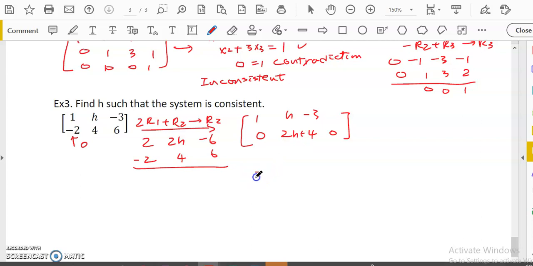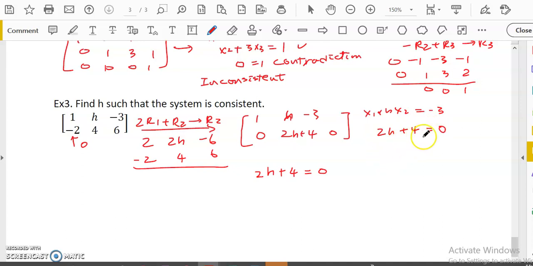We can have 2h plus 4 equal to 0. So this is x1 plus h x2 equal to negative 3, this is not a contradiction. This is 2h plus 4 equal to 0.